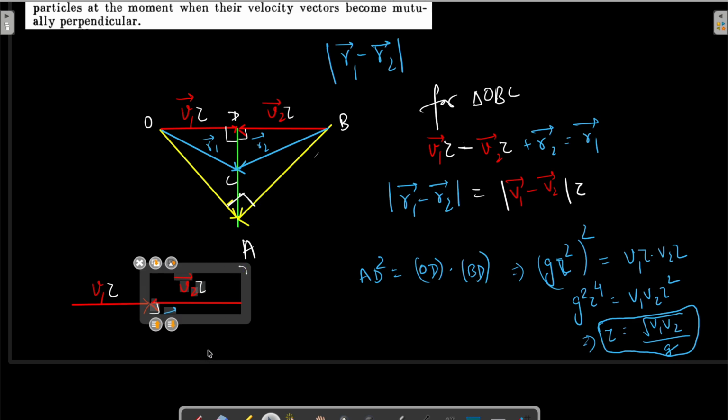Now we have said that we want a difference, so we need to draw the minus v2 vector. I'll again copy this.